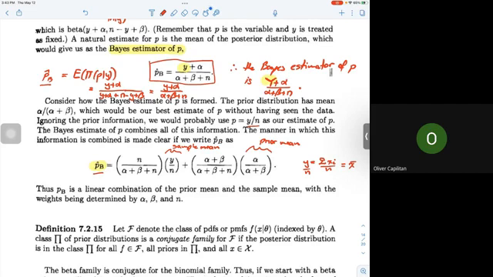Our P has a beta distribution. And what is the reason why we used the beta distribution? Because we can obtain a closed form expression for our estimator. A closed form expression for our estimator.